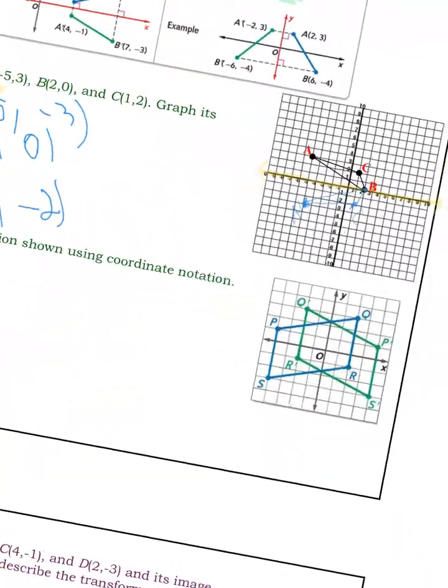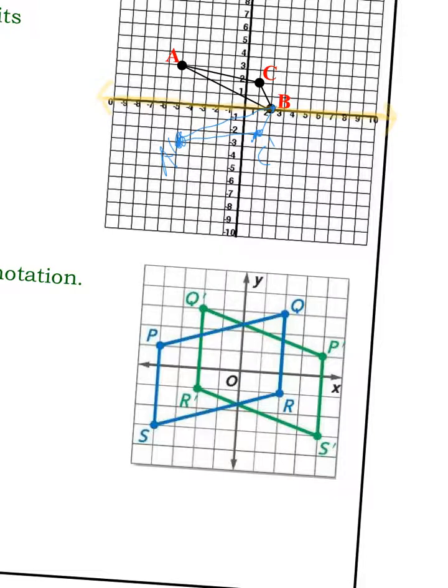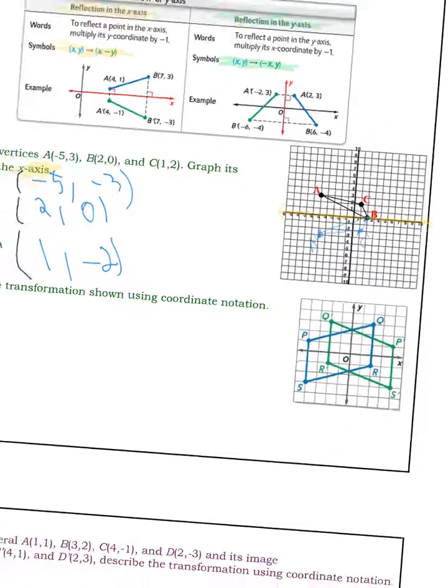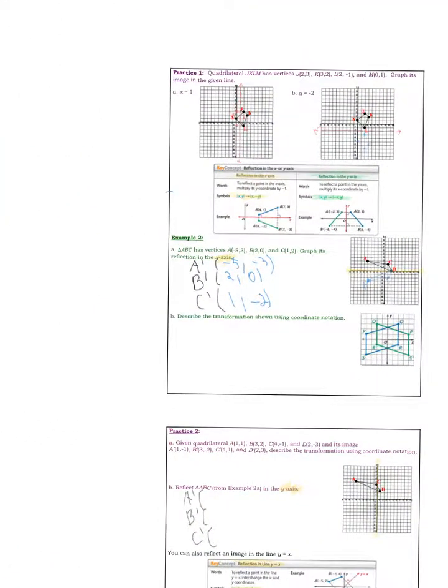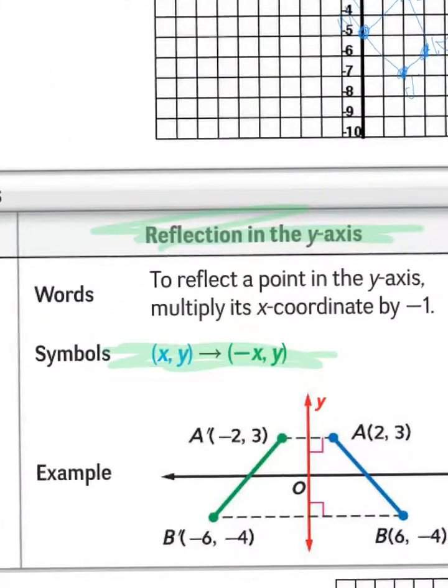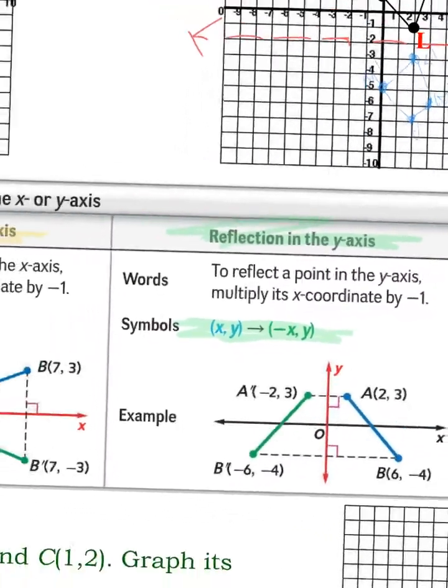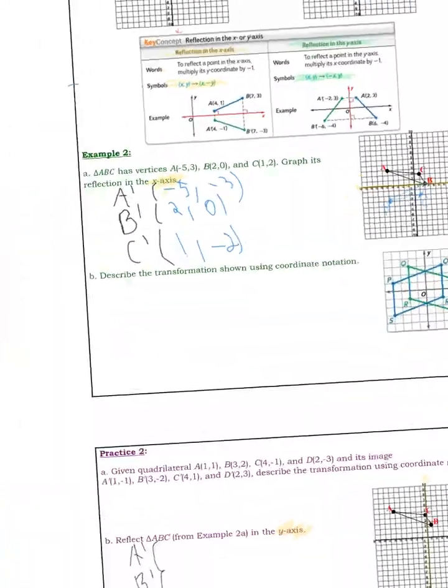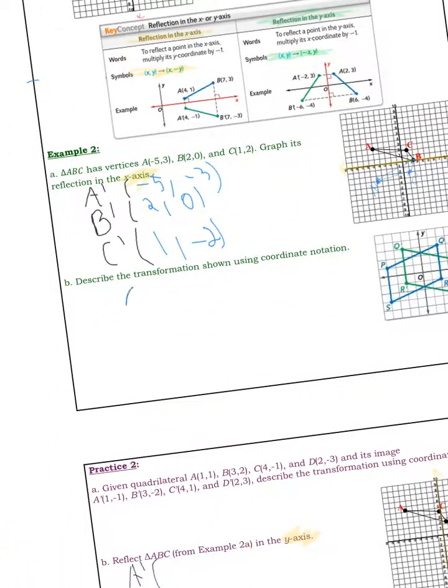So this is a y-axis reflection. As you can see, P to P prime, it's moving left to right, Q to Q prime, and so on. So if I were to describe this using coordinate notation, I would write my answer like that, where it says (x, y) arrow (-x, y). That's how I'd say the answer.